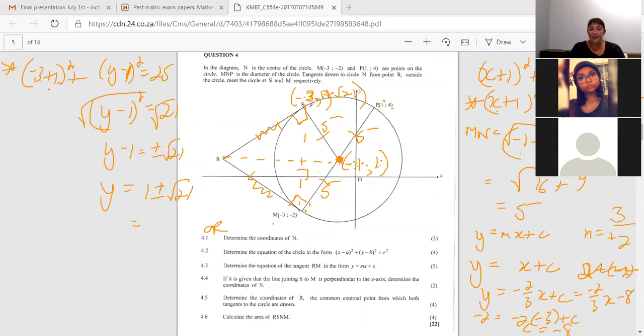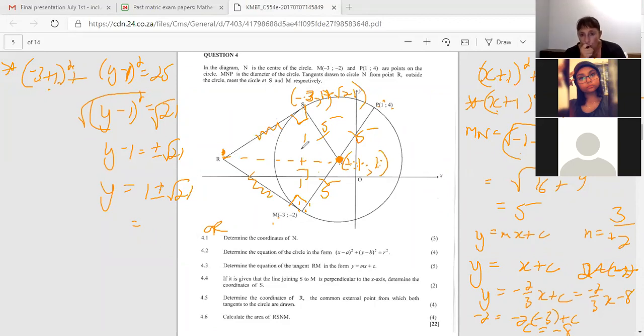Because half base times height and then doubling it would give me that area. And we definitely don't have that equation. Tangent drawn to N, a circle in from R. Yeah, that's perfect.